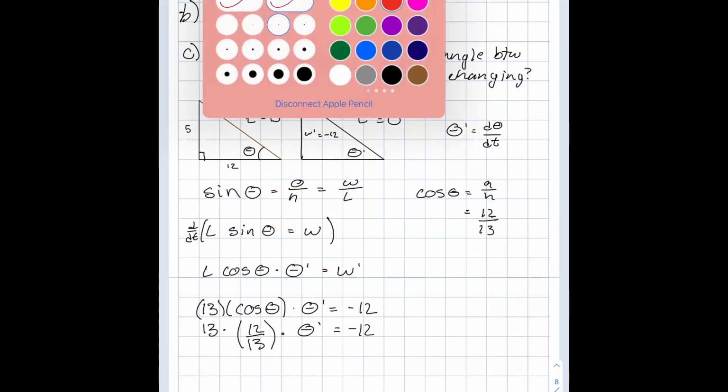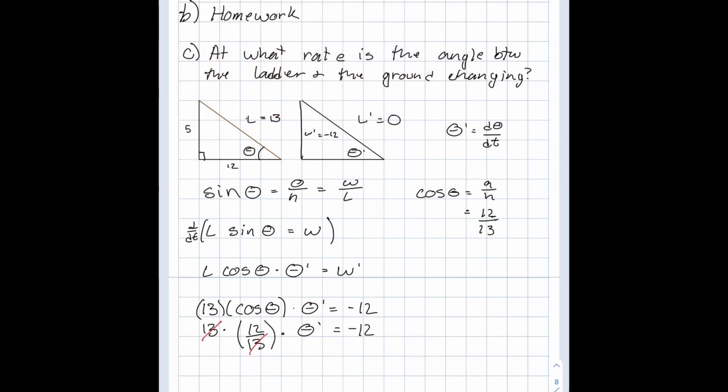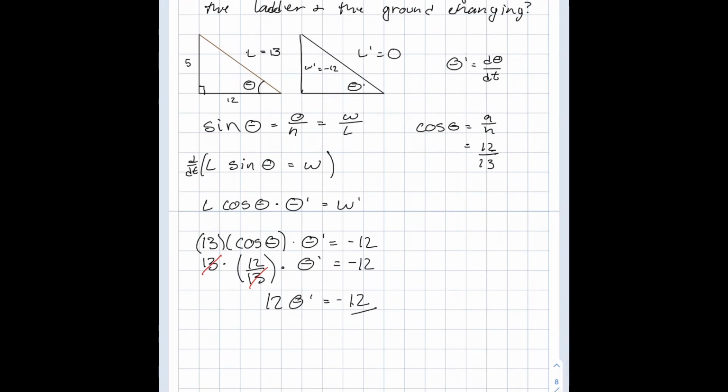Oh, that's a 13. So then 13 over 13 is going to cancel out. And we're left with 12 theta prime equal to negative 12. Well, divide each side by 12. And we get that theta prime is negative 1.